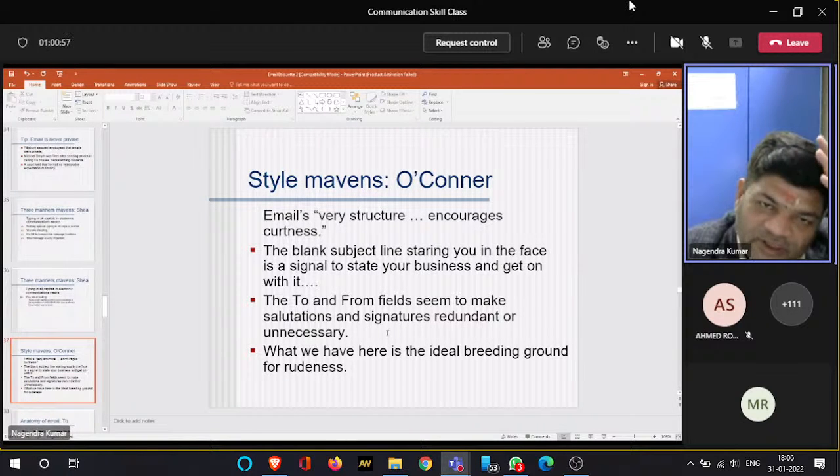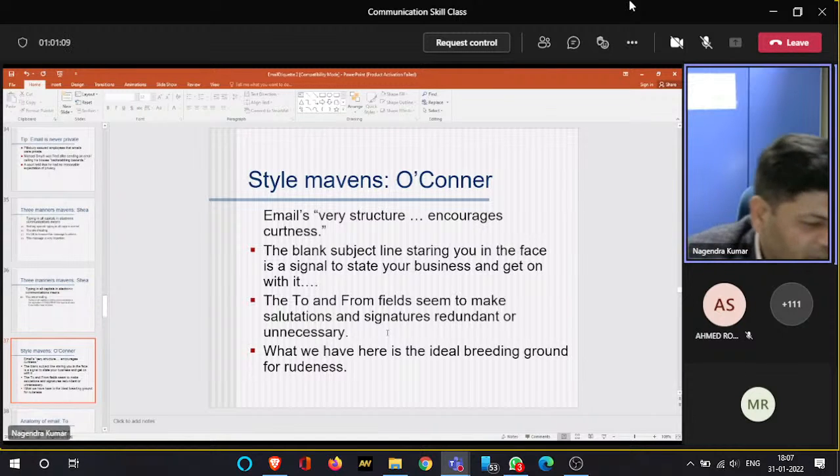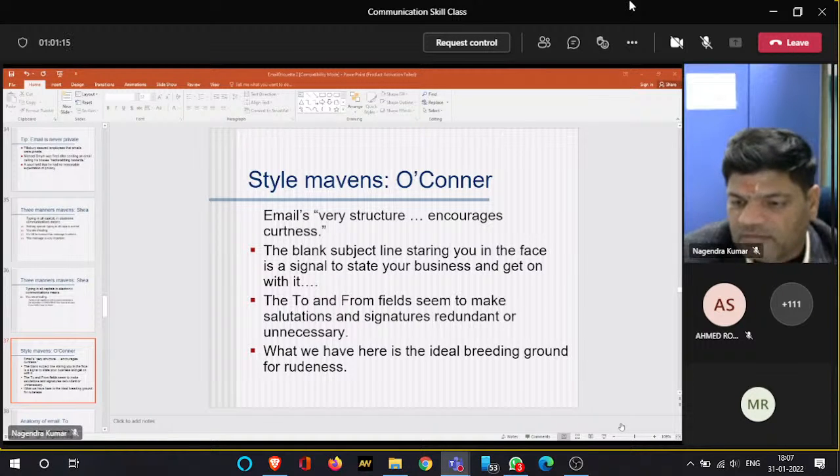Again, email's very structure encourages curtness. Curtness means being very curt, not following any kind of etiquette.